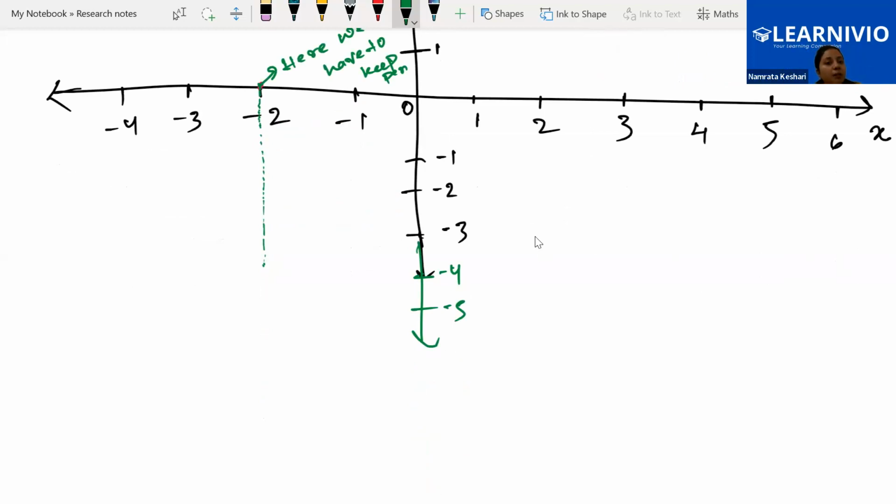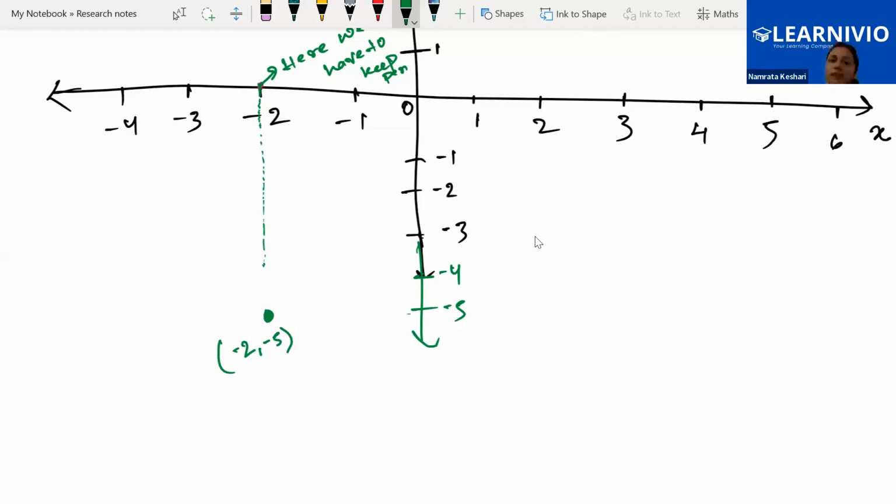From -2 we move perpendicular, straight, and we stop where we see -5 parallel to it. And this is the location of -2, -5. Are you getting it?